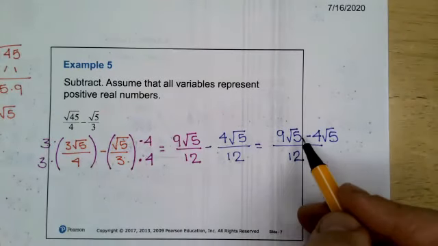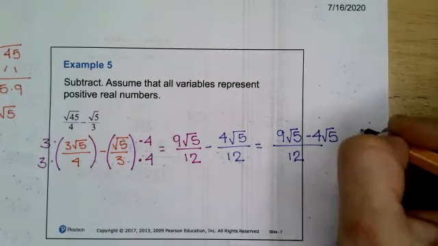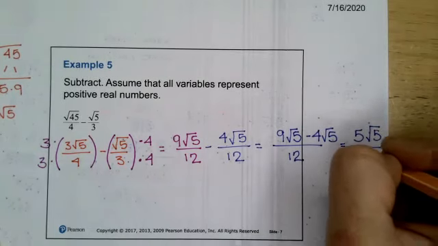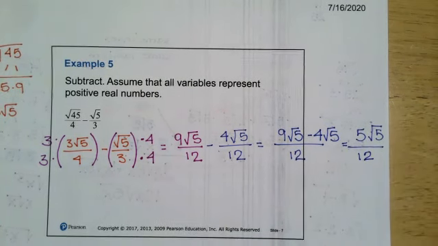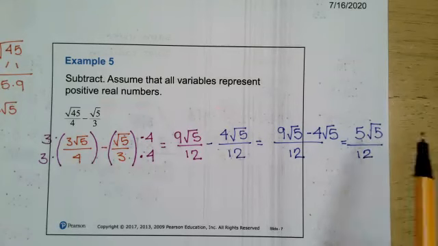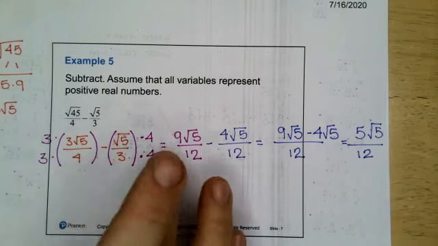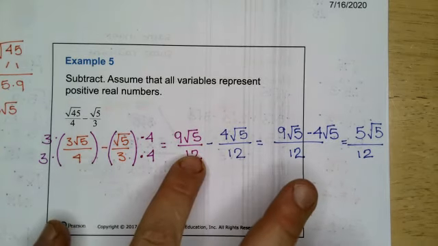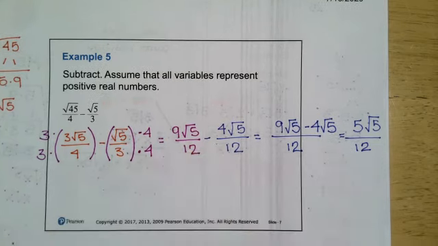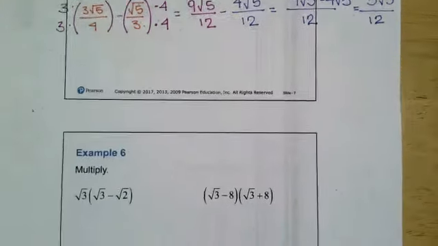Just subtract. 9 minus 4 is 5 of them over 12. Okay, I encourage you to put this into your calculator and put this into your calculator. Make sure you get the same decimal. This was the smallest number that 4 and 3 go into evenly, the number 12. That's why we picked it. Okay.